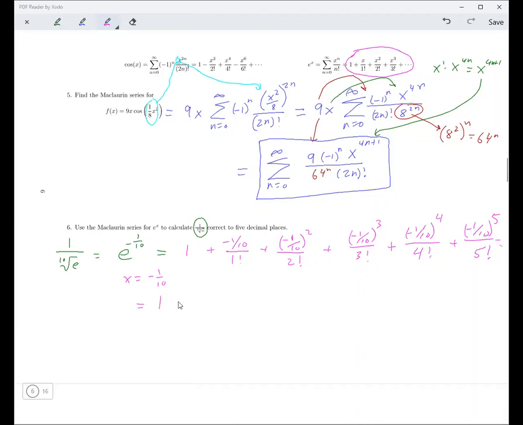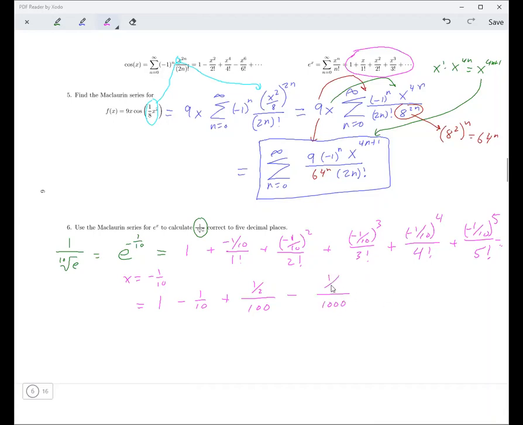So that's 1 minus a 10th. When you square it, it's going to be positive, and 1/10 squared is 1 over 100. So I'm going to write it this way instead, 1/2 over 100. And then the next one, when you cube it, it's going to be negative, so I'm going to write over 1,000 instead.